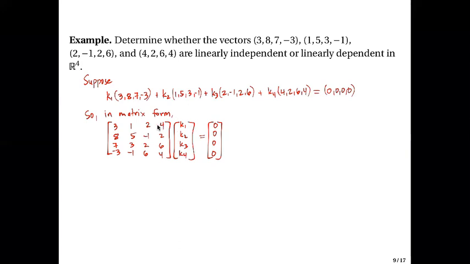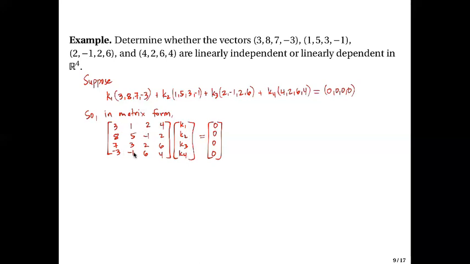So if we want to know whether the solution to this is the trivial solution or not, since this is a square matrix, maybe we can just find the determinant of this matrix. If the determinant is equal to 0, then this has many solutions.